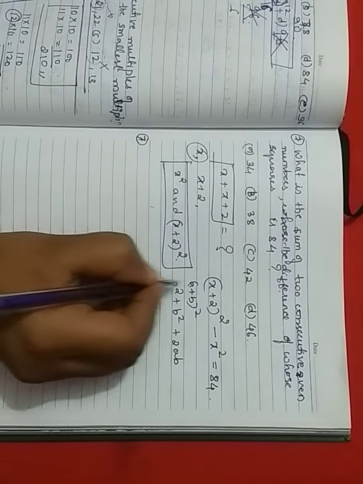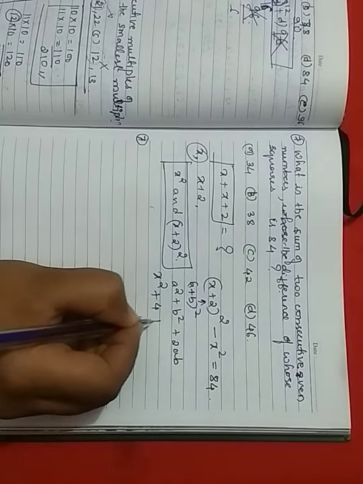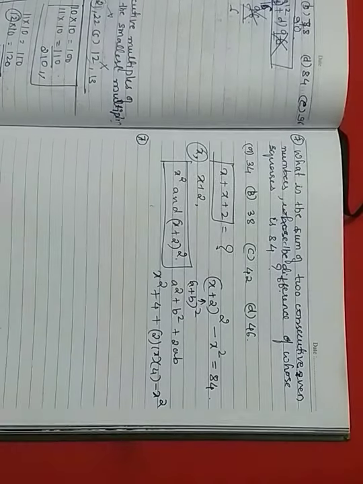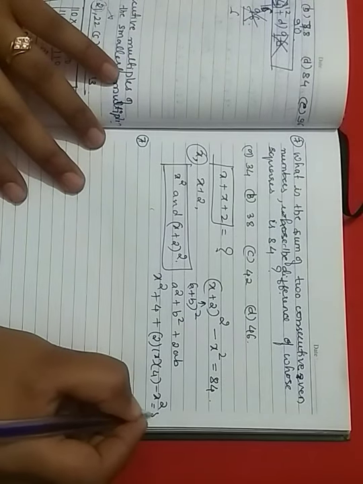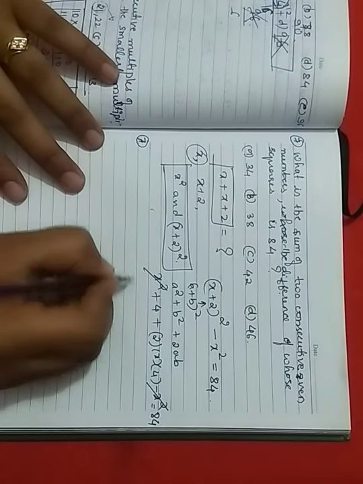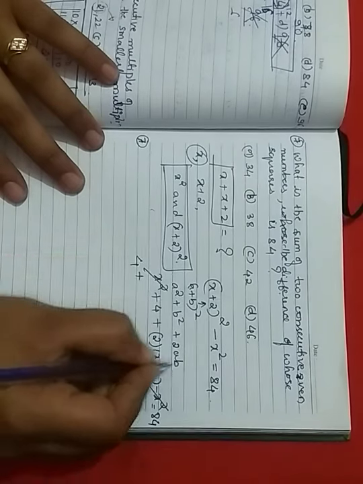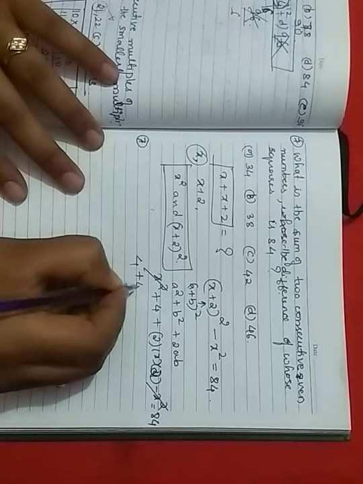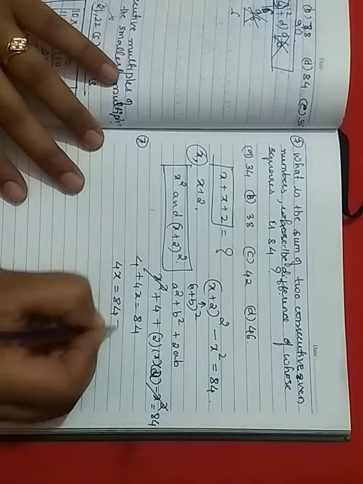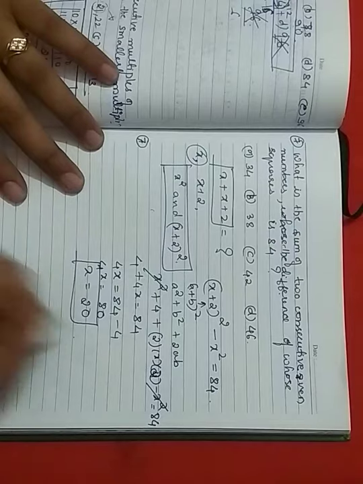Just substitute this. a is x, b is 2, so x square plus 4 plus 2 into x into 2, minus x square, is 84. x square gets cancelled, so here it comes 4 plus 4x is 84. 4x is 84 minus 4, so 4x is 80, x is 20.